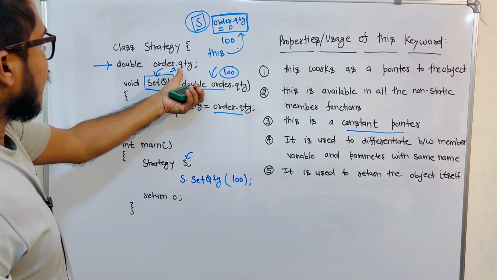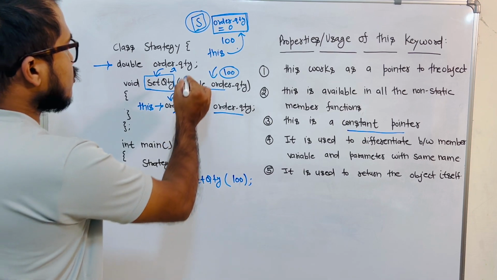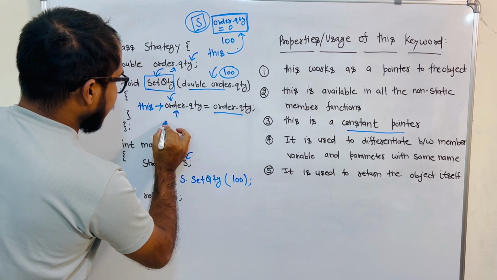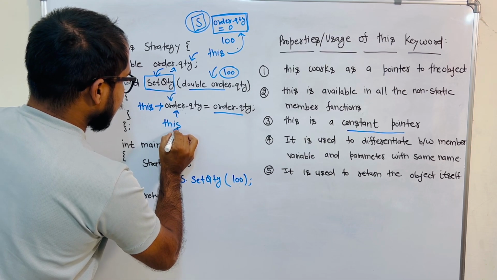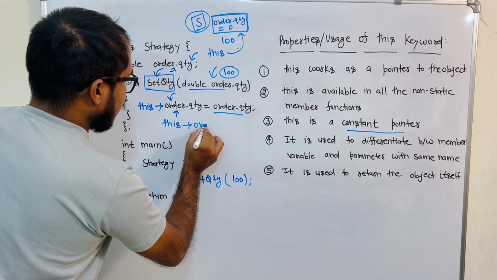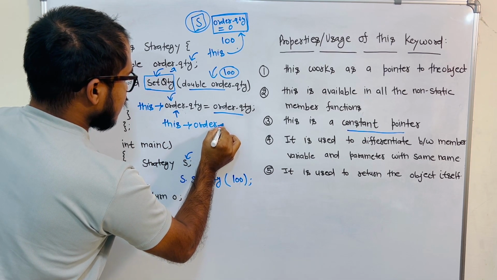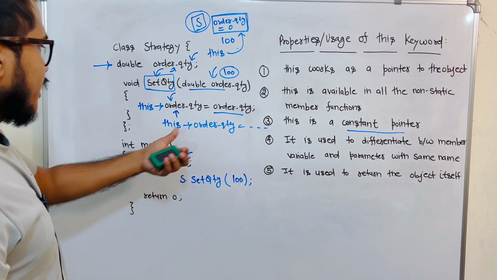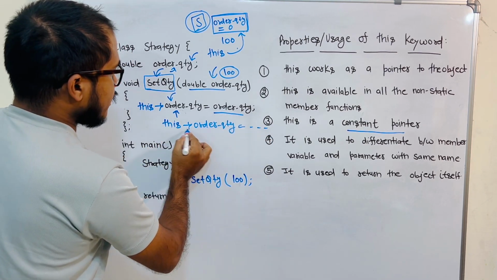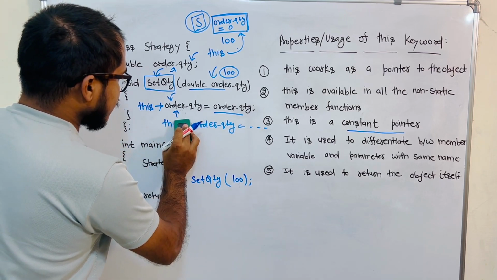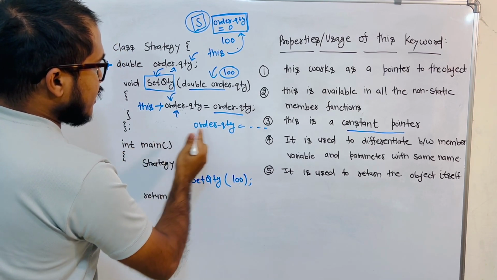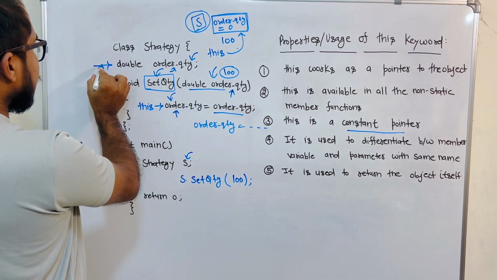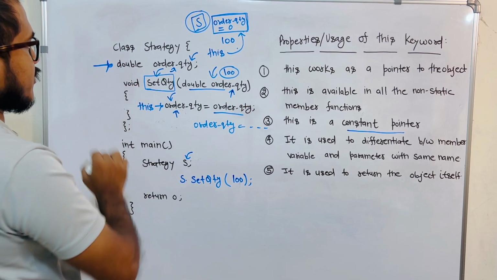So now if I want to modify the value of this particular order quantity variable, then I can do this: this pointer, order quantity, and some other new value. But if I am simply doing order quantity and not using this particular keyword, then it will update the local variable instead of the instance variable or member variable.